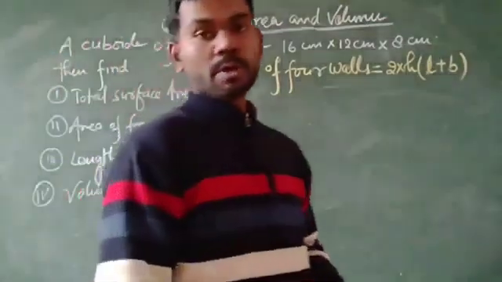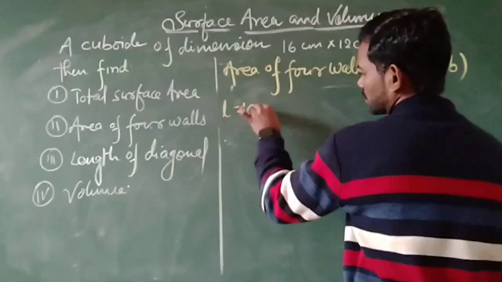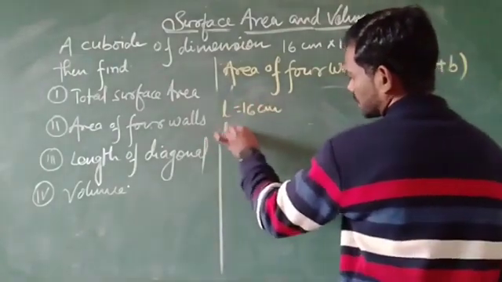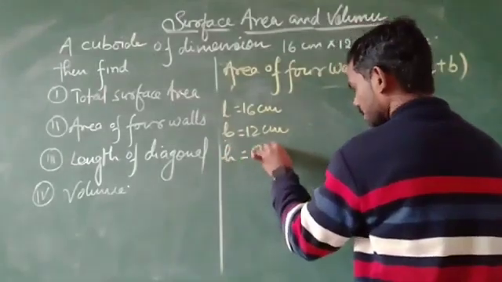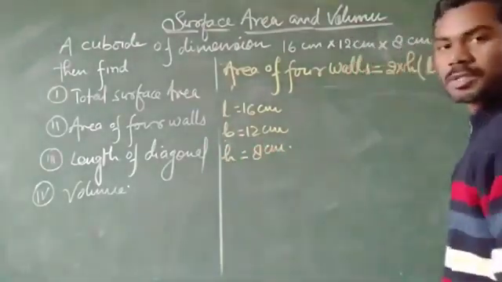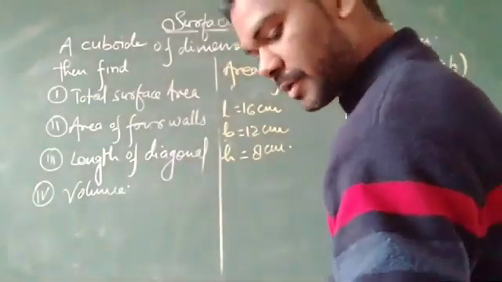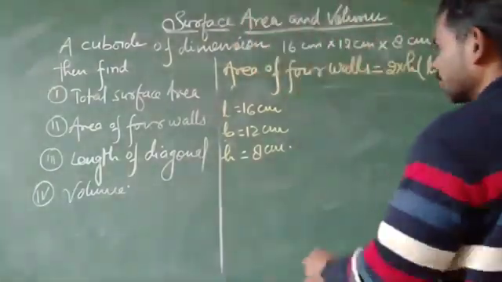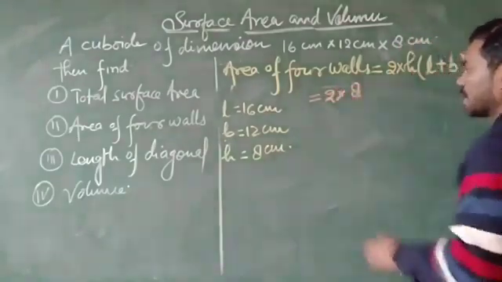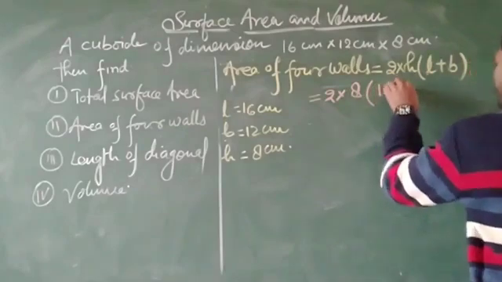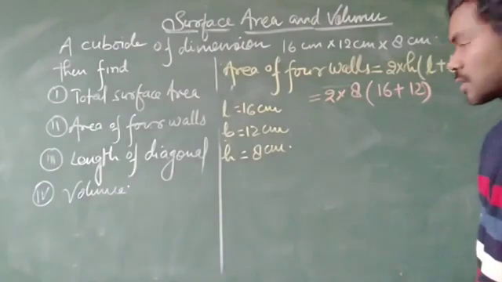Now put in the values. The length is 16 centimeter, breadth is 12 centimeter, and height is 8 centimeter. Now substitute these values in the formula. We get 2 into height 8 into (L 16 plus breadth 12). So these substitutions are clear.